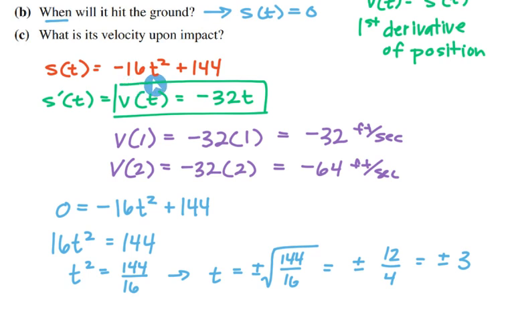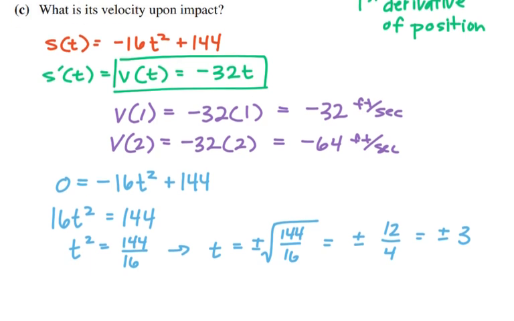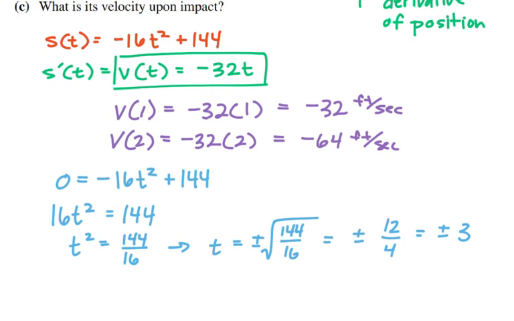Because this is a parabola function, we have two zeros, but we don't have negative time because we're dealing in the real world, not in Back to the Future with Marty McFly. So in this situation, t equals 3 seconds. That's when the ball, or in this case, the rock, hits the ground.